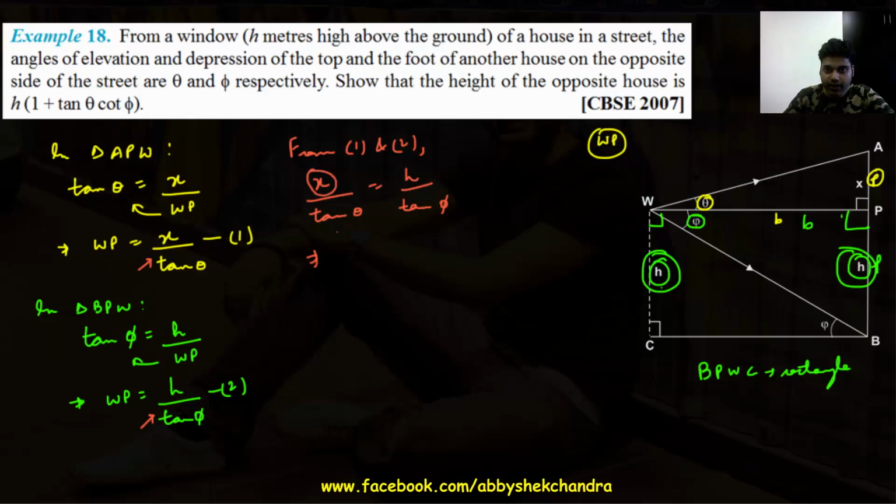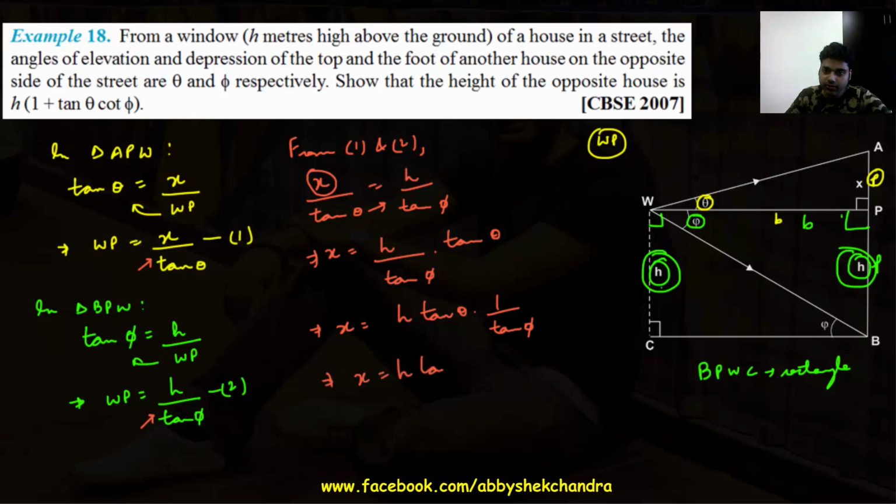Now we need the value of x, so x equal to h by tan phi into tan theta, taking tan theta to the other side so it goes in the numerator. Now x equal to h tan theta into 1 by tan phi. 1 by tan phi is what? It is cot phi, because cot is the reciprocal of tan. So this is what we get.